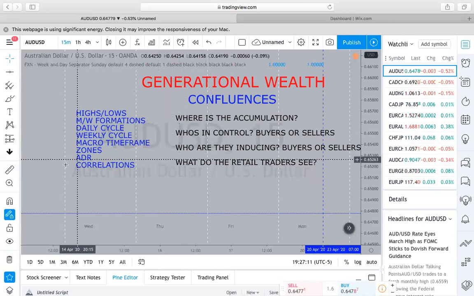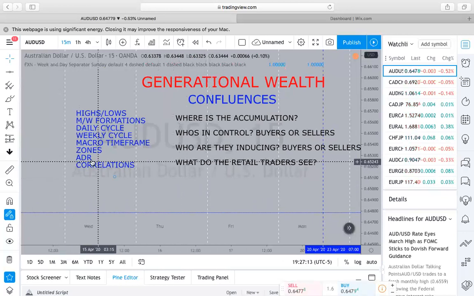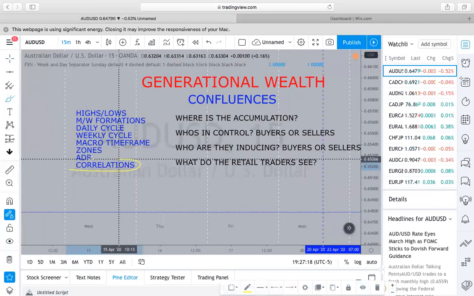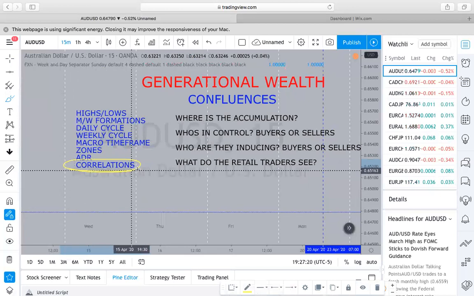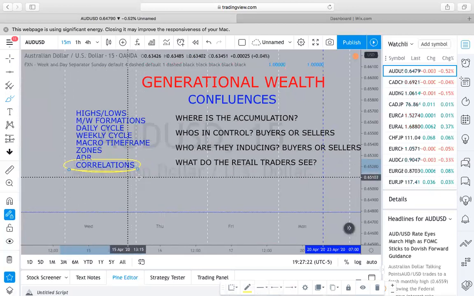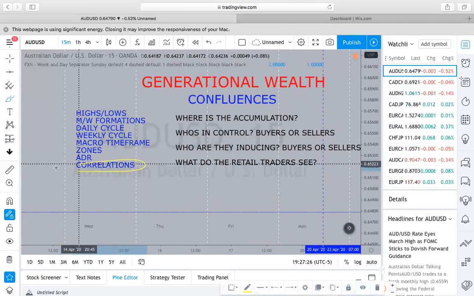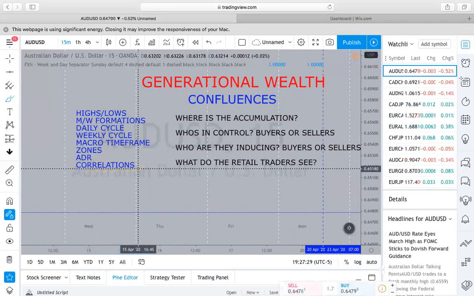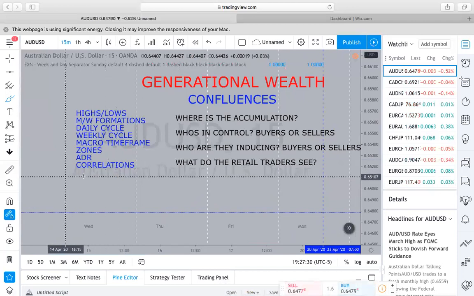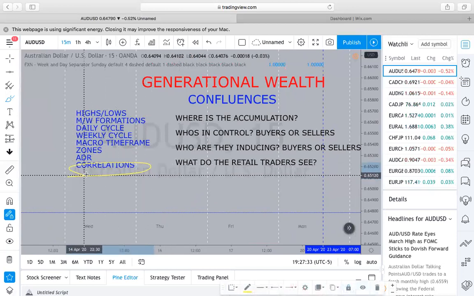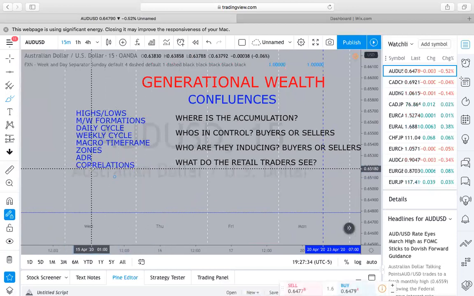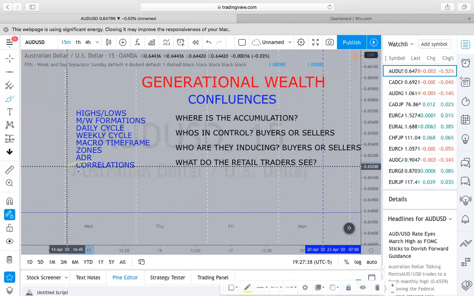You have to know the ADR and the correlations of that pair. If you want to study one pair, know the correlation of that, what moves opposite of that pair. That way you can have another opportunity to get in on another trade setup, because that pair is either in correlation or not in correlation with the pair you're studying.